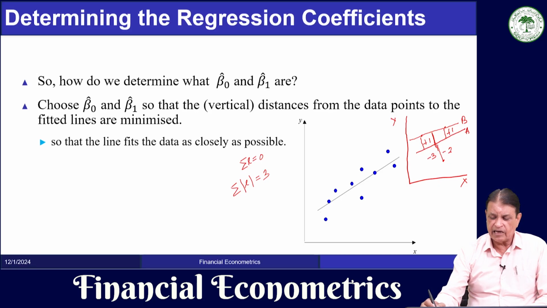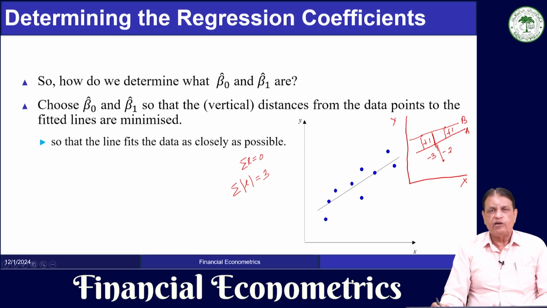In this case the error is only minus 3, and the earlier one also. So both lines are giving the same error here. So the question is, which line is the best fit?